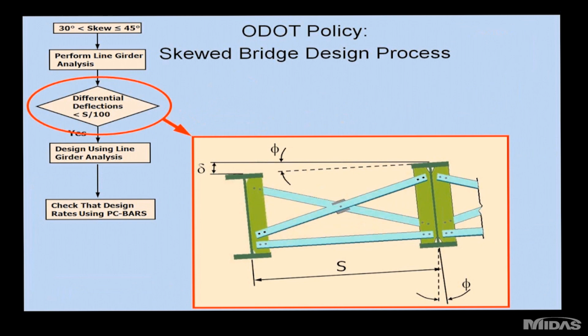So for skews from 30 to 45, the first step is to perform line girder analysis and use the S/100 rule of thumb. If you meet that requirement, you're okay, and you can proceed designing the bridge using line girder analysis.